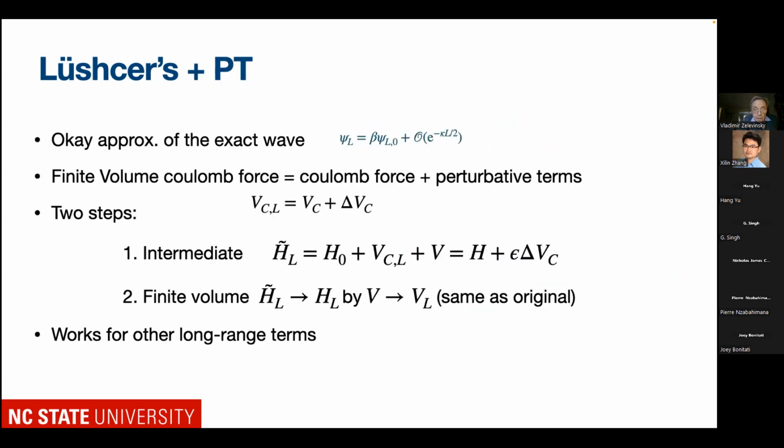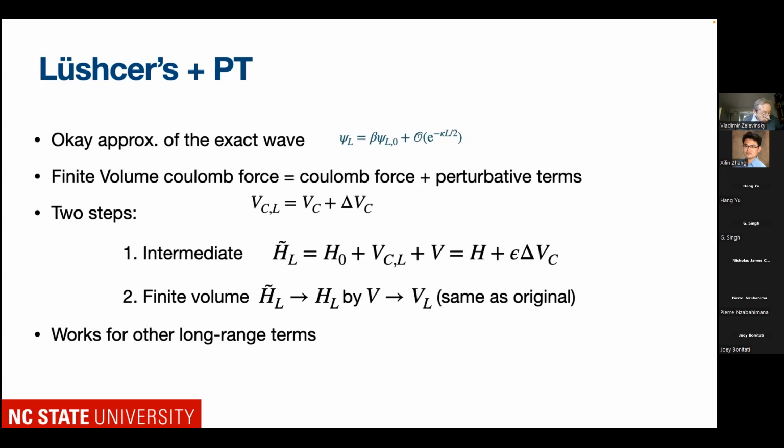And in this case, this approximation also missed the mark a little bit, and we had to include another term. The way of dealing with this perturbatively is to compare the Coulomb force in finite volume with the infinite volume one, and regard the difference between the finite and infinite volumes as a perturbative term.